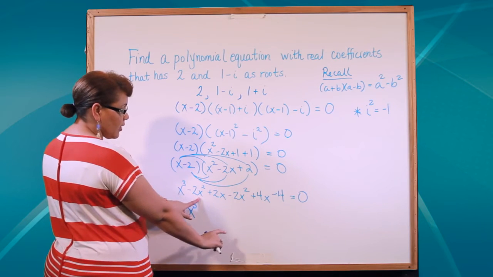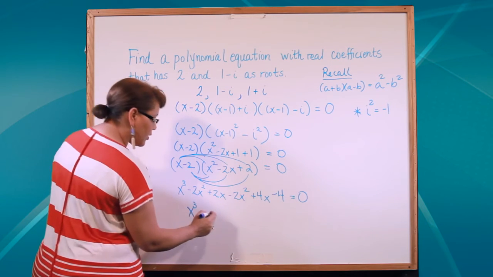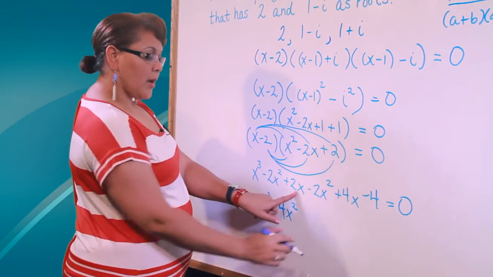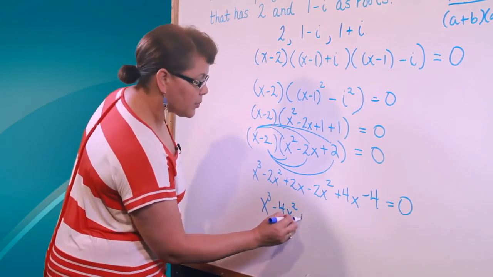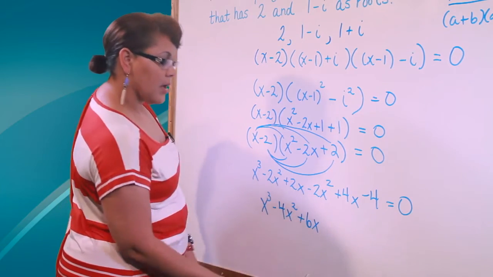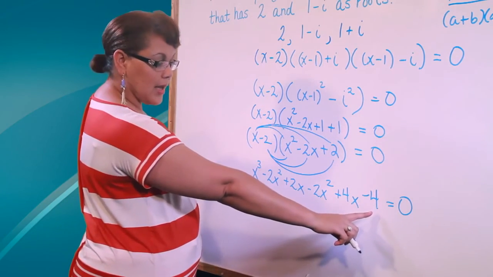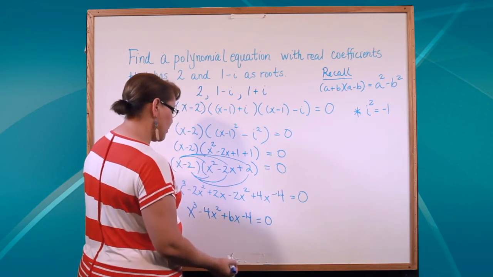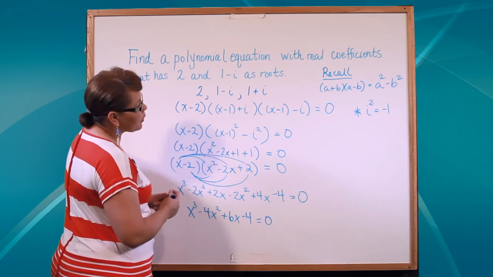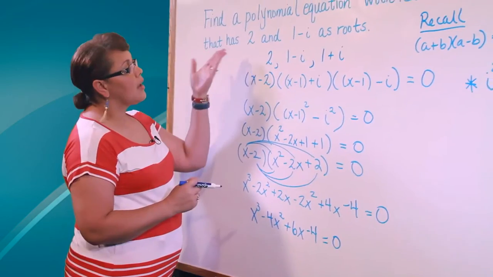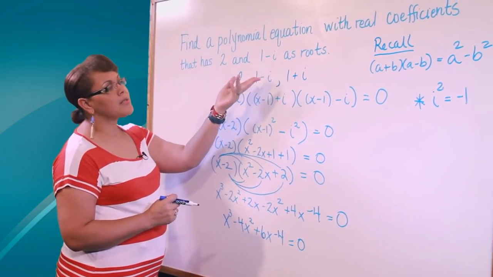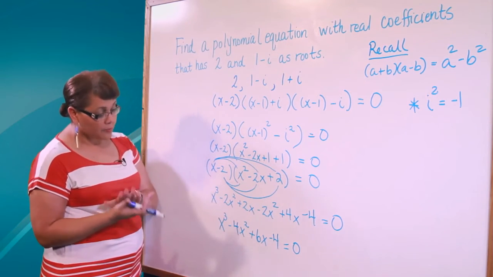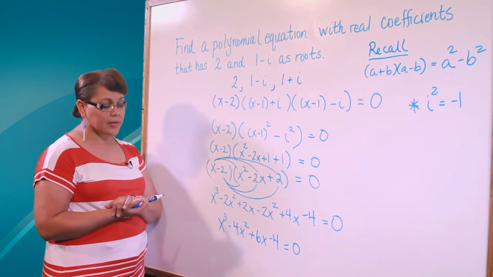Negative 2x squared plus negative 2x squared is negative 4x squared. 2x plus 4x is plus 6x, and then we have no other constant except the negative 4. And then we bring down the equal 0. So the polynomial equation with real coefficients of 2, 1 minus i, and 1 plus i is x cubed minus 4x squared plus 6x minus 4.